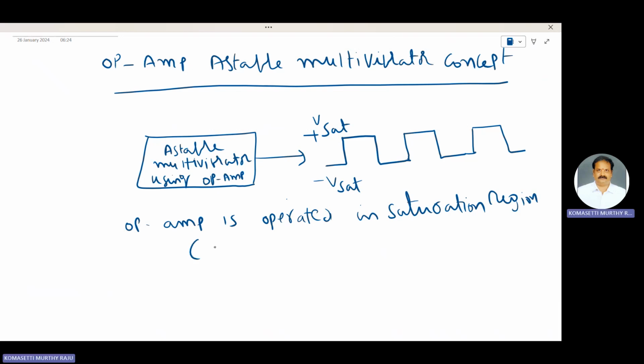That means the output of the Opamp is either plus Vsat or minus Vsat. It is a free-running oscillator circuit that continuously switches between two states, either plus Vsat or minus Vsat.